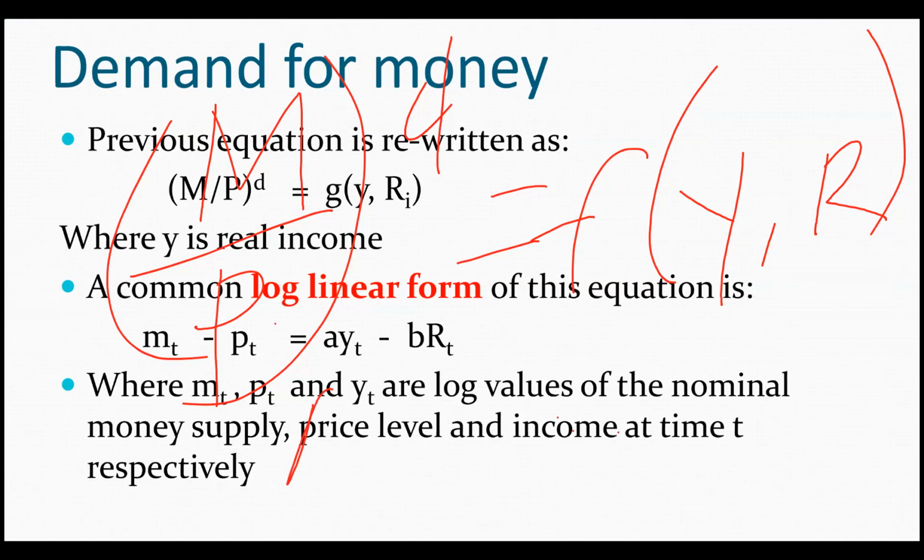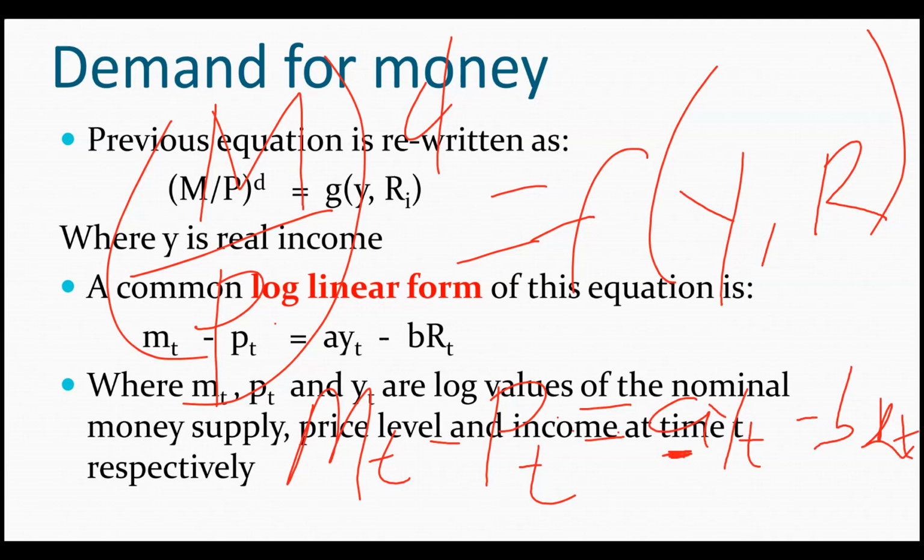So you can say the money supplied at a time minus the price level at that time shall be equal to A, the elasticity of income, times Y at that time, minus the elasticity of the rate of return at that time.